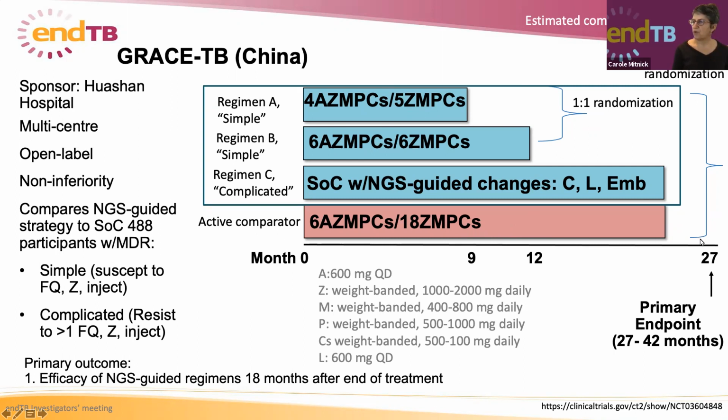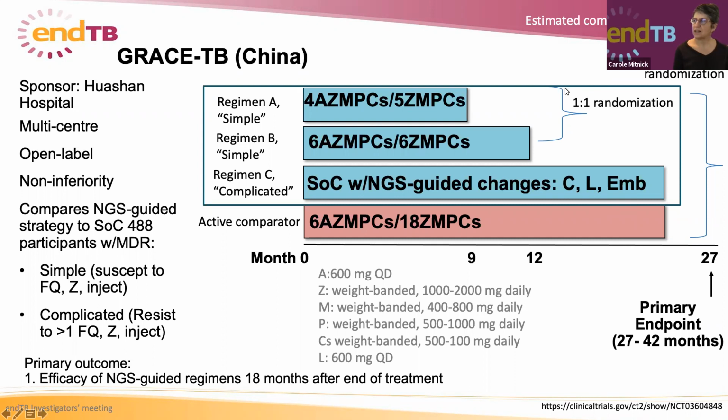The first is before there is any sequencing information, and it randomizes 3:1 to the whole genome sequencing guided strategy, the next generation sequencing guided strategy, with only a quarter of the patients going to the active comparator, the 24-month regimen.